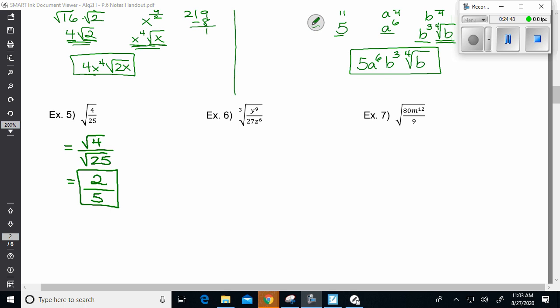Example 6, same way. It doesn't matter that there's a 3 sitting outside. It doesn't matter that it's a cube root. We still separate it. So we're dealing with variables, so we divide our exponents where we need to. So for y to the 9th, that's 9 divided by 3, which is y to the 3rd.